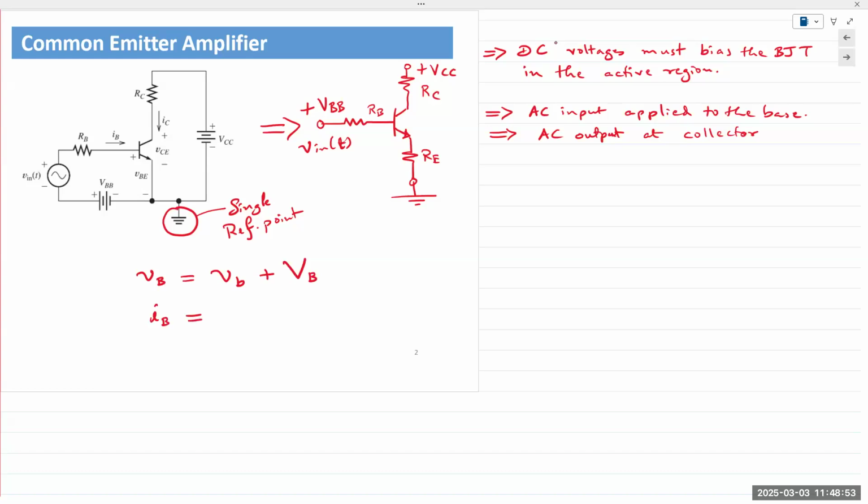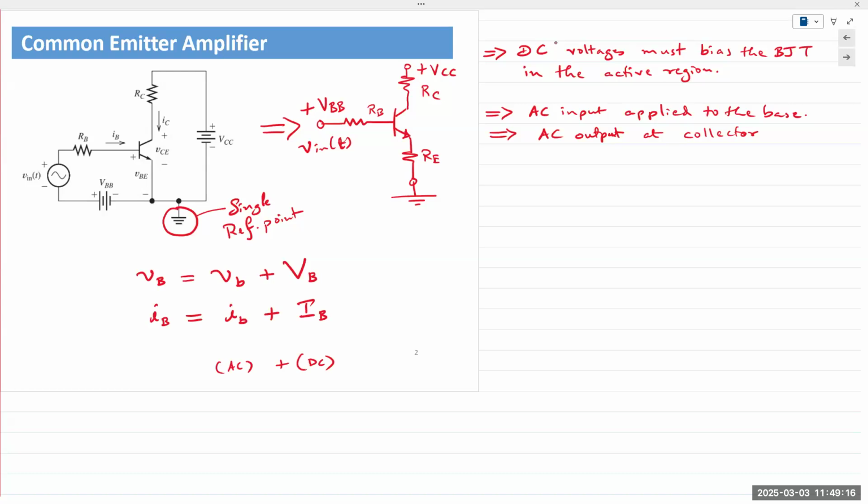Remember from chapter 1? IB. This is AC plus DC. Okay. The DC value, of course, comes from the power supply VCC.